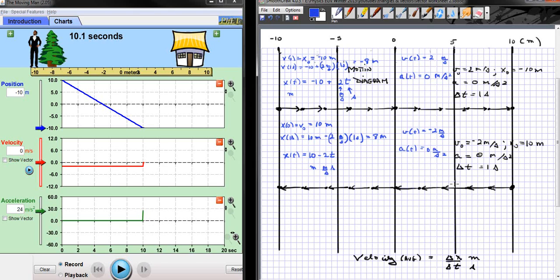Okay, so you now have a representation in terms of motion diagram, plot, and equation. 3 different representations. So we're going to need to be conversant in all 3. I could give you one and you should be able to give me the other 2.